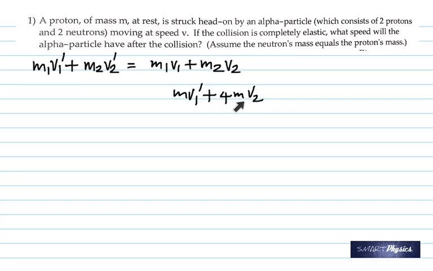The velocity of the alpha particle is v2 prime, and its mass is 4 times m. So the total initial momentum is equal to 4mv. Why? Because the proton is initially at rest, and that's why the second term is missing. So this is only the initial momentum of the alpha particle, because the proton has no momentum. Now we can cancel the mass out from all these.